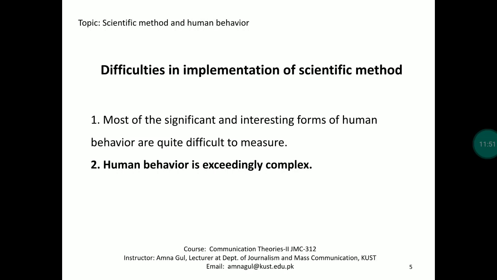See, in a scientific setup, in physical sciences, we can easily control the heat and atmospheric pressure in our boiling experiment, for example. We can control the elements in a chemistry experiment with relative ease. But if we want to develop a theory of the influence of mediated communication on political campaigns, how do we control which forms of media people choose to use?